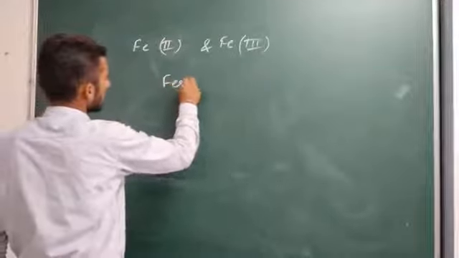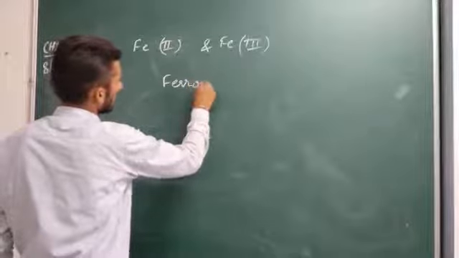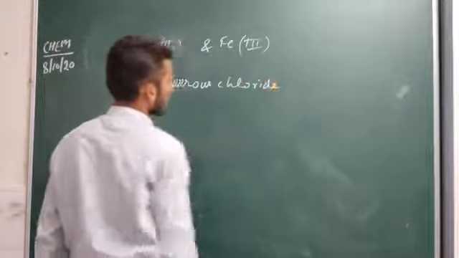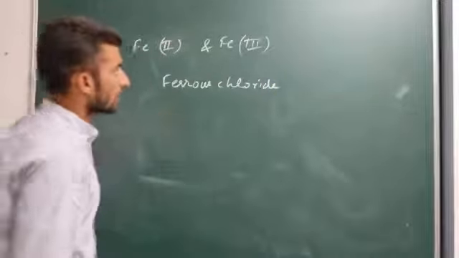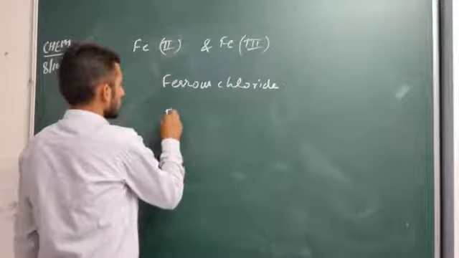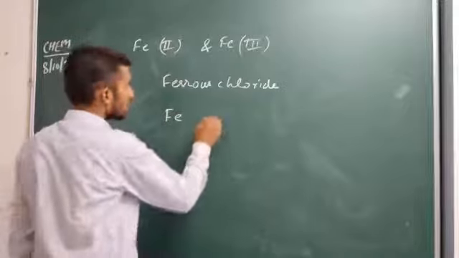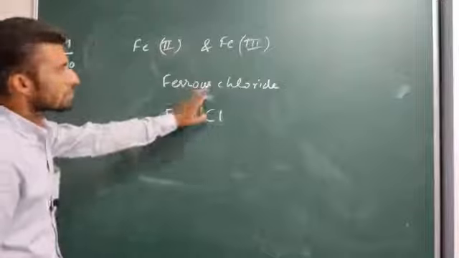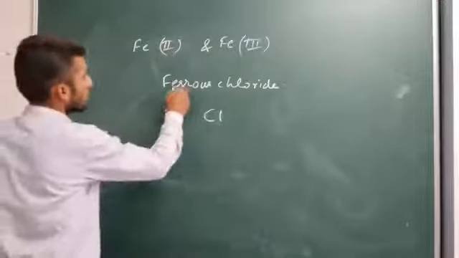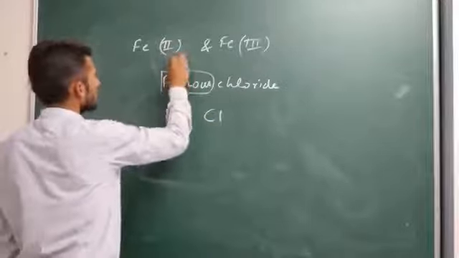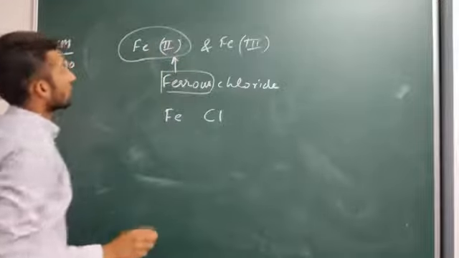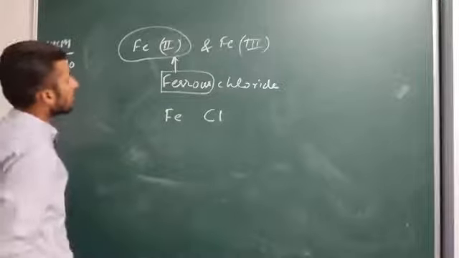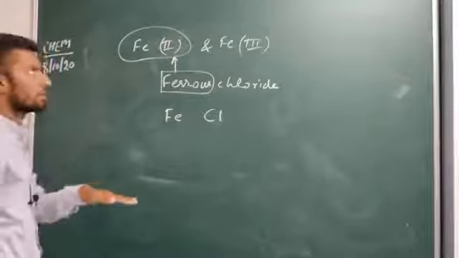Suppose ferrous chloride is given, how do you derive its formula? Ferrous is always Fe, and chloride Cl. Ferrous chloride refers to the lower oxidation state, or you can say it refers to the lower valency.